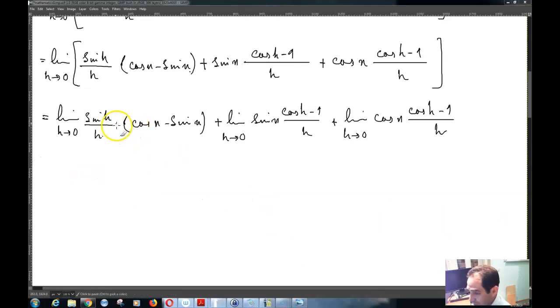I know that the limit of sine h by h when h tends to 0 is equal to 1. And then you're left with the limit of cos x minus sine x as h tends to 0, which would simply be cos x minus sine x. So for this first part, you will get cos x minus sine x.